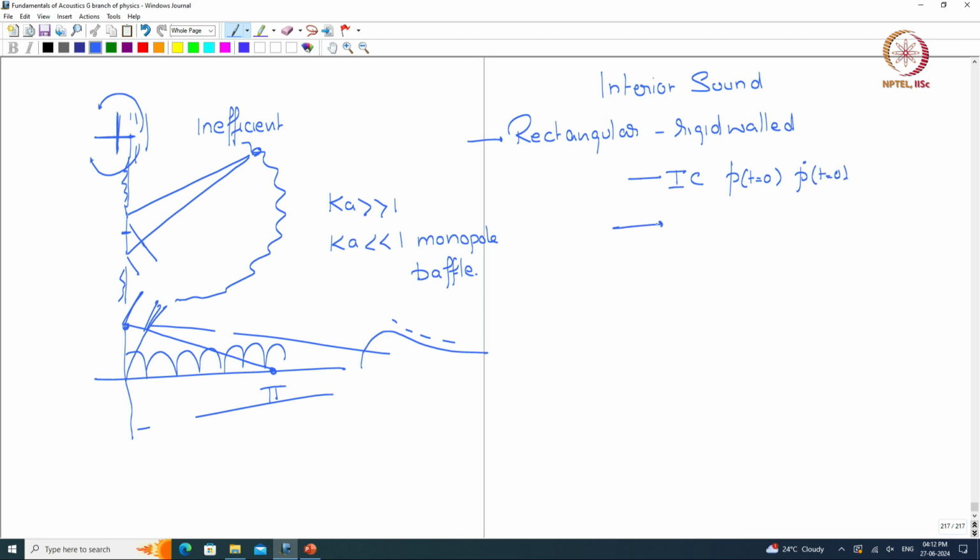Then we also looked at steady state response to a forcing interior source using modes and resonant frequencies. So this is a modal sum, a typical modal sum.